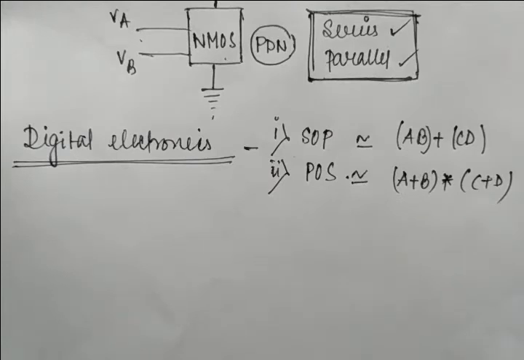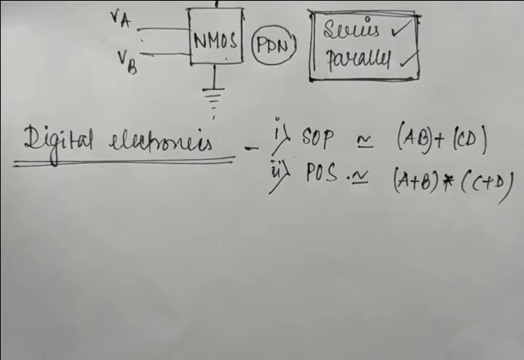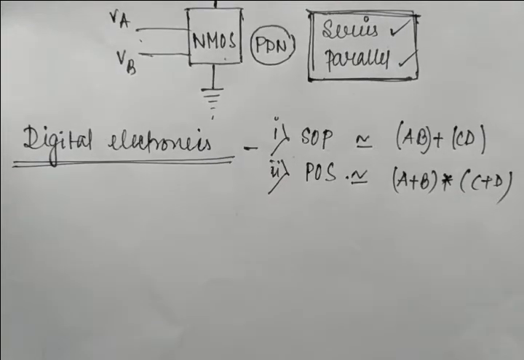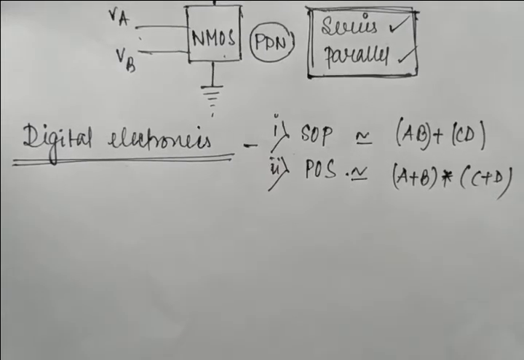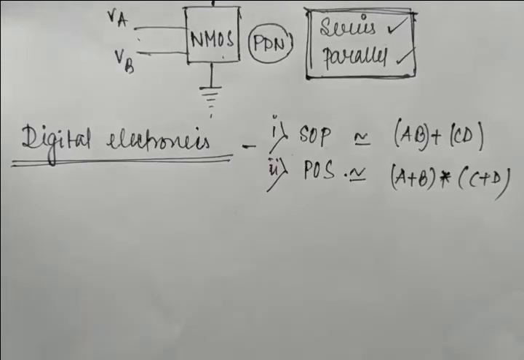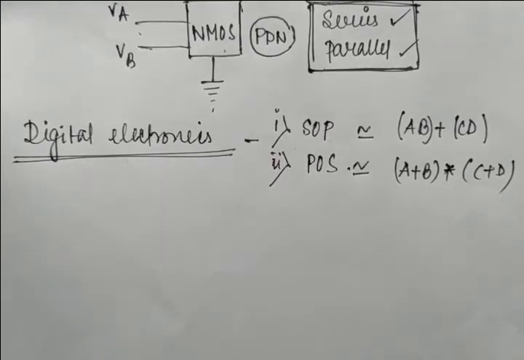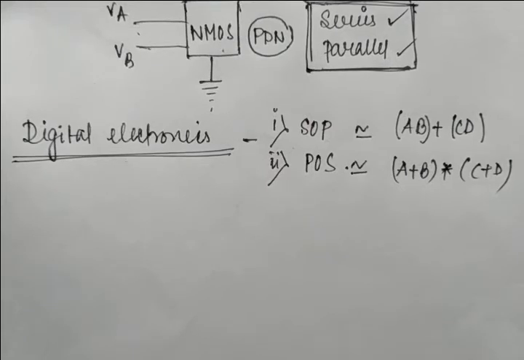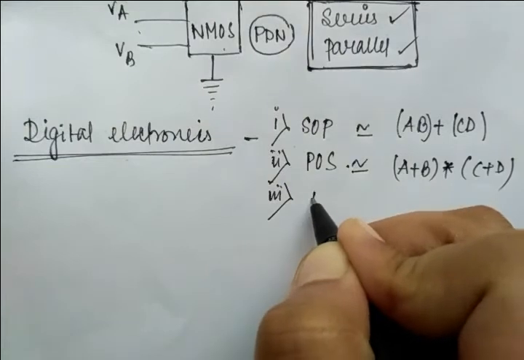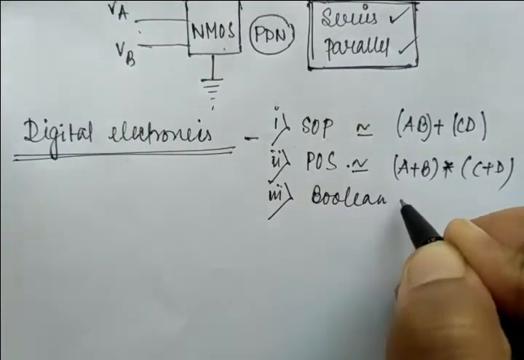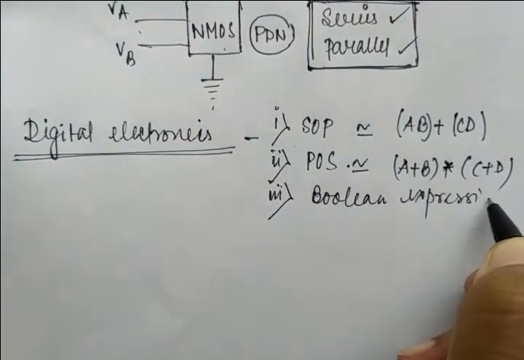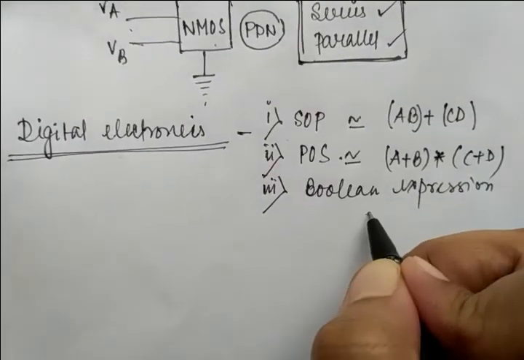But if I want to draw this section, it will be a very huge portion, because of 4 inputs. 4 inputs means there will be 8 MOS, 4 NMOS and 4 PMOS will be used. Okay, so just like a very beginning example, you must know the basic knowledge of sum of product and product of sum, and also Boolean expressions, because any kind of Boolean expression can also be designed using CMOS.